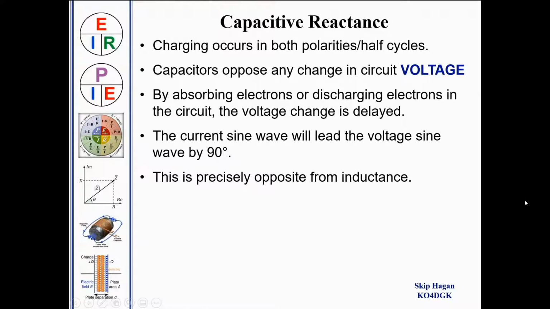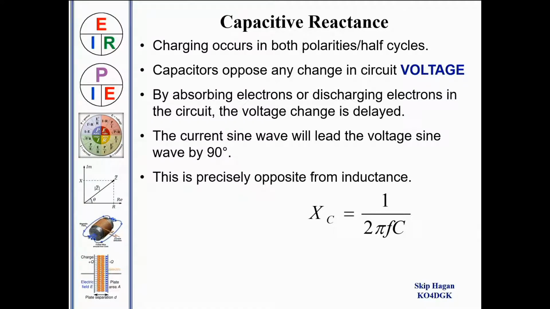The capacitive reactance is precisely opposite from inductive reactance, X sub L. This can be seen in the equation for X sub C, or capacitive reactance, as 1 over 2 pi F C. The 2 pi F is common to both inductive and capacitive reactance.